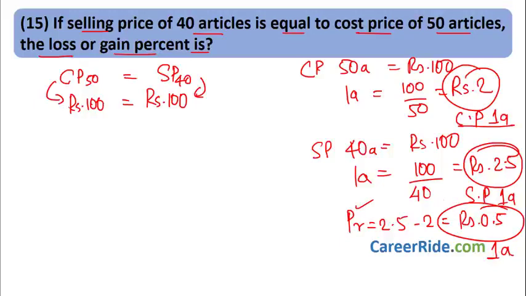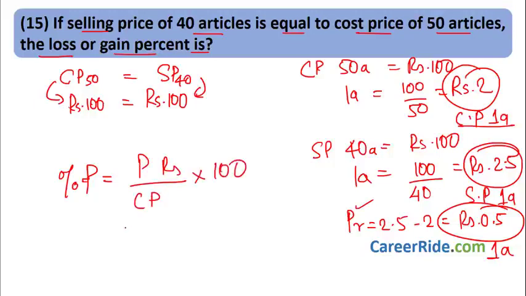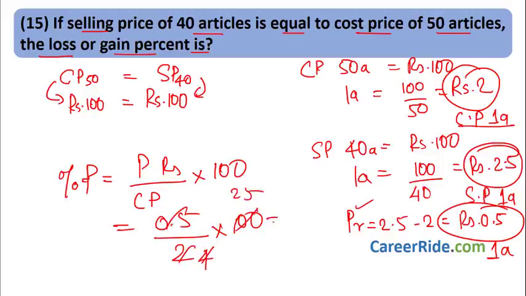So how much is the profit percentage? We know profit percentage is nothing but profit in rupees divided by cost price multiplied by 100. Profit is 0.5 rupees, cost price is 2, into 100, that would give us 25%. So the profit percent is 25%.